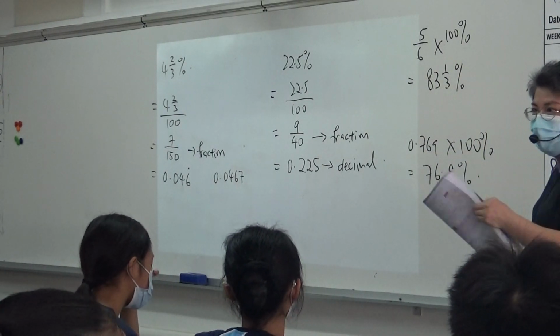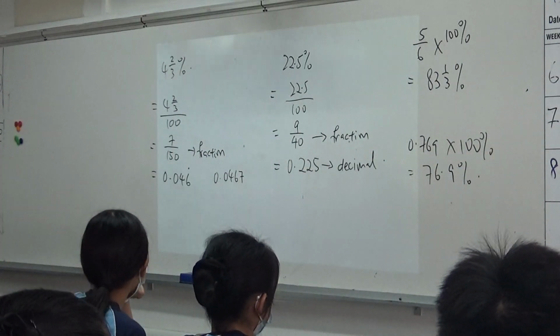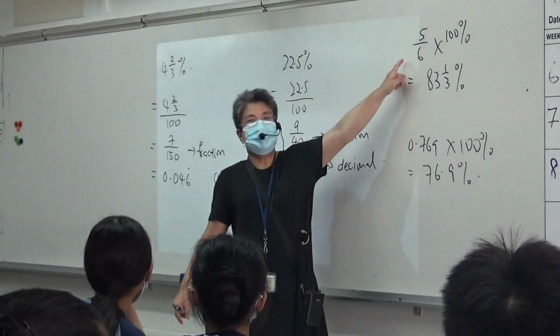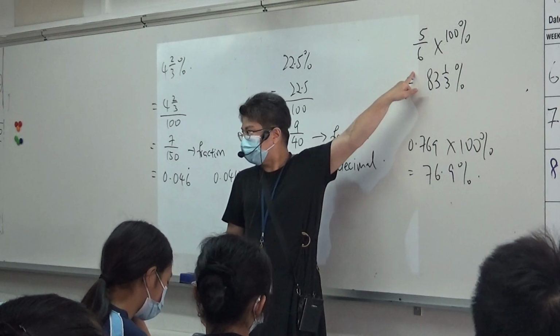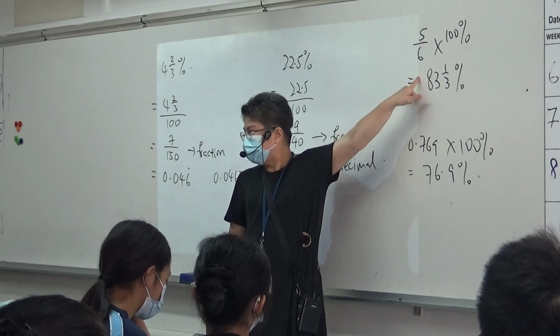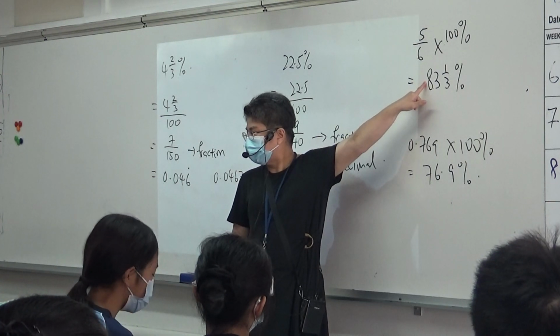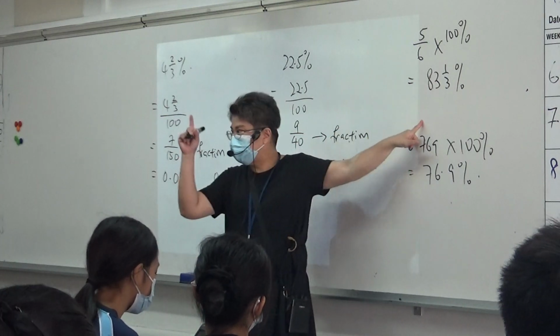Yes or no? Okay, now, one thing that I need to bring to your attention. If the number here is less than 1, the percentage will be less than 100%.